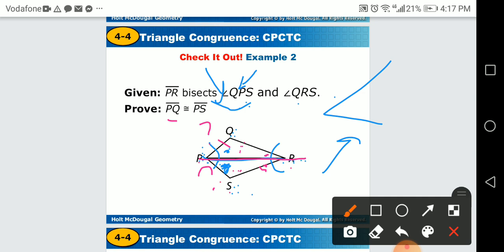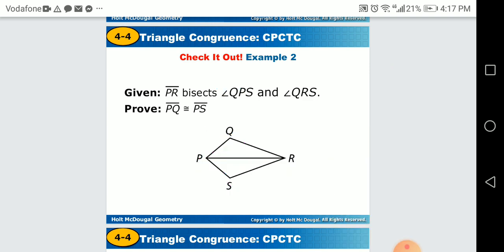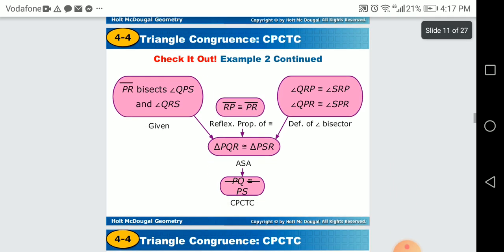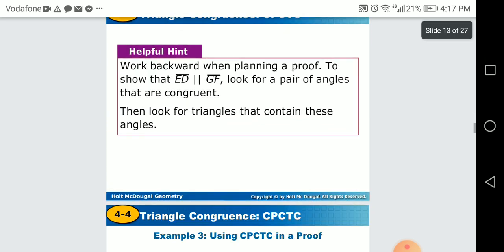How can I solve this? I have two angles that are congruent and I have a common side. ASA. So therefore the two triangles are congruent, therefore PS is congruent to PQ. Okay, guys, this is the answer of the proof.